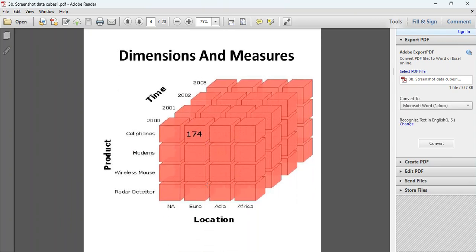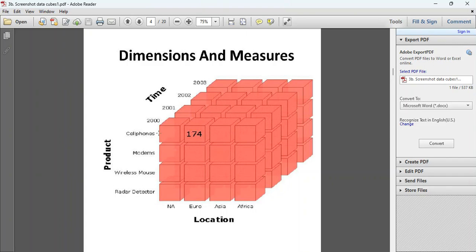We see here a cube. This cube contains three-dimensional data: product, time, and location. Cell phone is a product, modem is a product, wireless mouse is a product, and radar detector is a product. Time is taken in the form of years, 2000, 2001, 2002, and 2003.